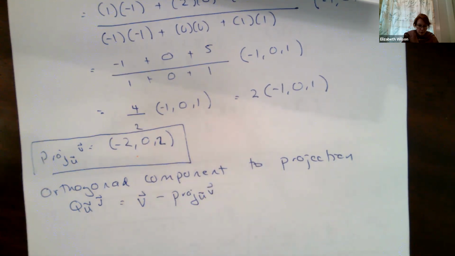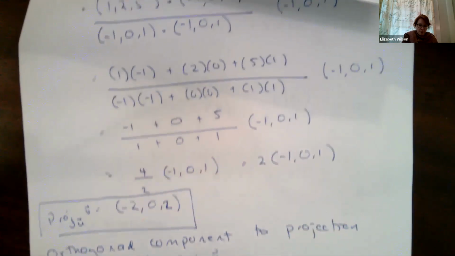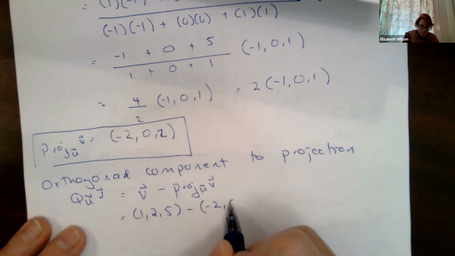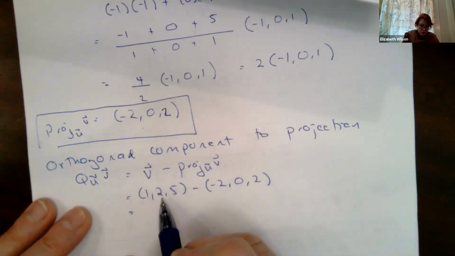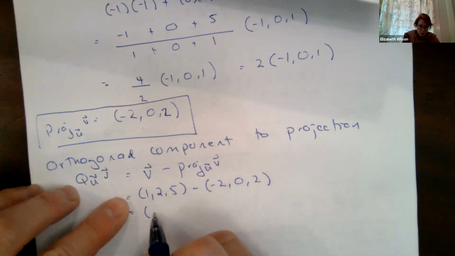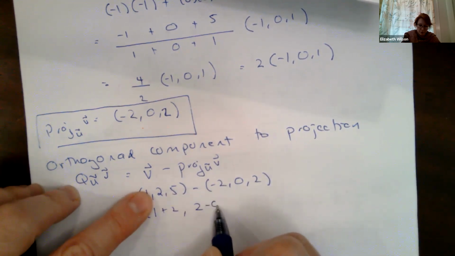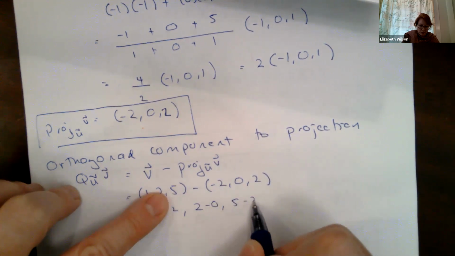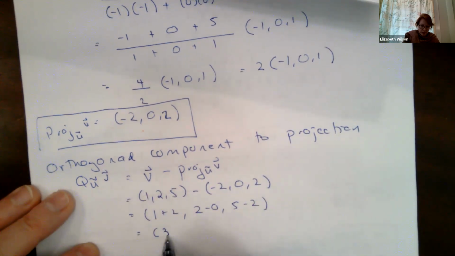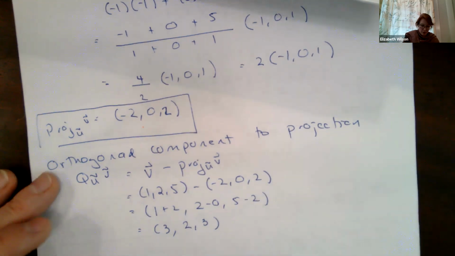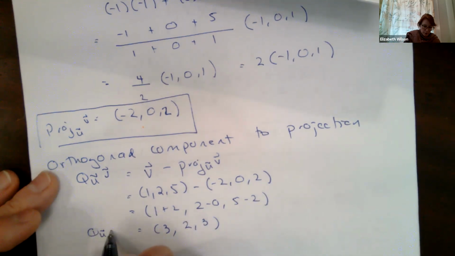My v was given at the very beginning, that's 1, 2, 5, minus the projection, minus 2, 0, 2. So that's component to component: 1 minus minus 2, 2 minus 0, 5 minus 2. That's equal to 3, 2, 3. So this is my orthogonal component. It was in green when we did our notes before.